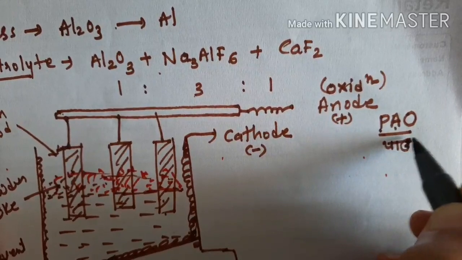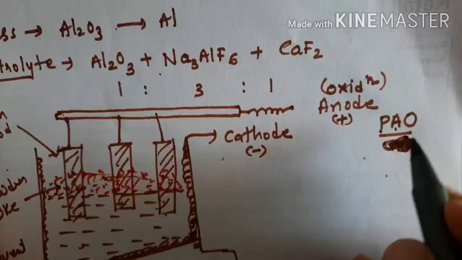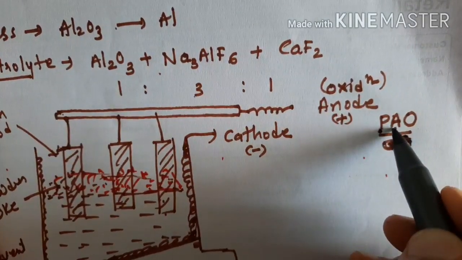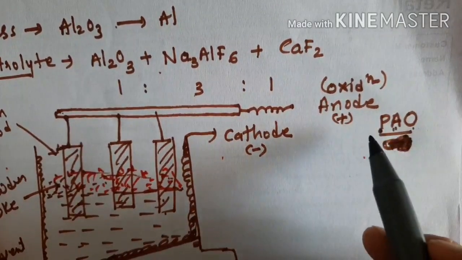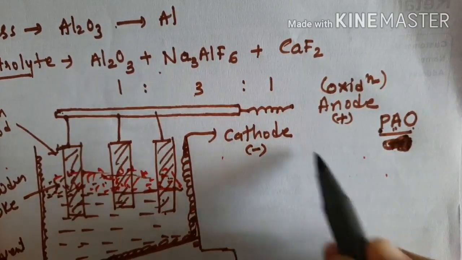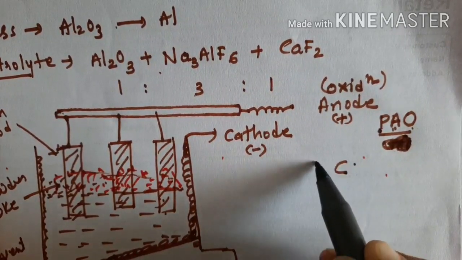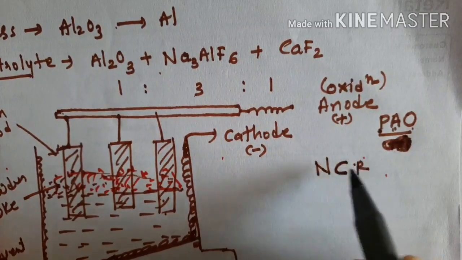So positive charge on the anode and oxidation reaction happening is a shortcut. On the cathode, it is a reduction reaction and negative charge. So cathode: negative charge and reduction.